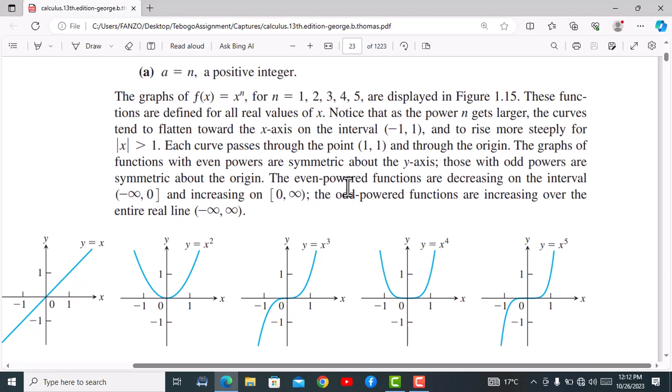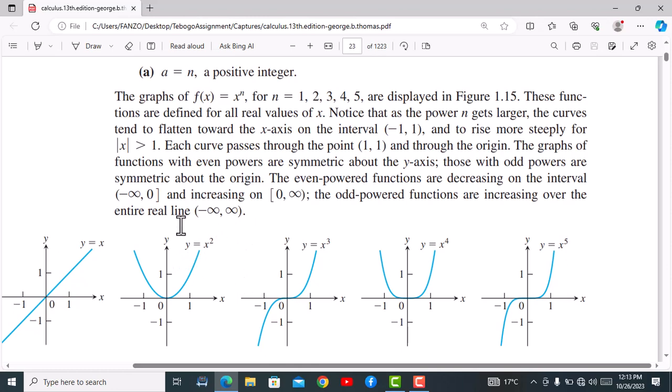Okay, the even powered functions are decreasing on the interval -infinity to 0. We can see that the even powered functions are decreasing on the interval -infinity to 0. So from -infinity to 0, the curve is decreasing, and from 0 to positive infinity it is increasing.